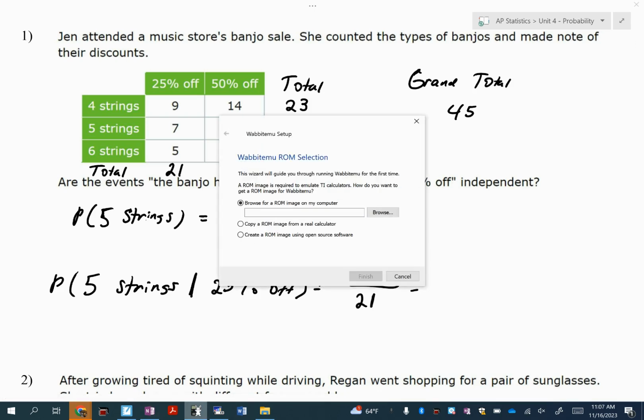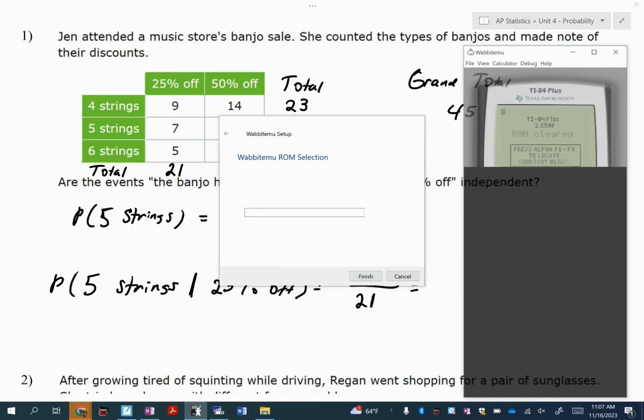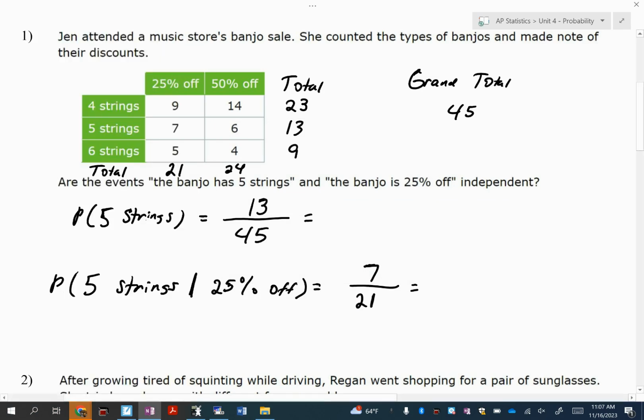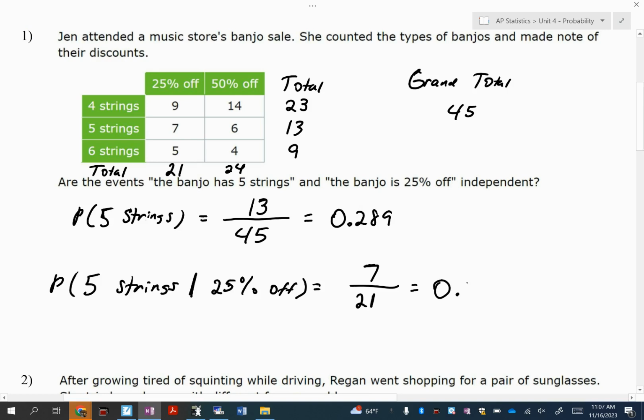Don't think so, but let's check. Is it almost? How almost? That's not close enough for me to say. So 0.28 repeating. And then this is 0.3 repeating. Yeah, that's not close enough for me. So I'm going to say they are not independent.